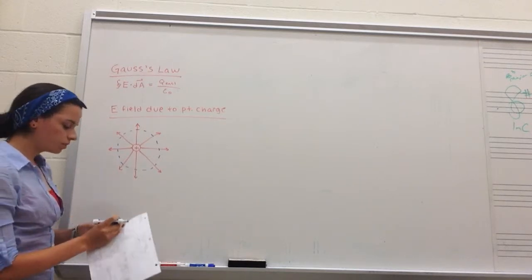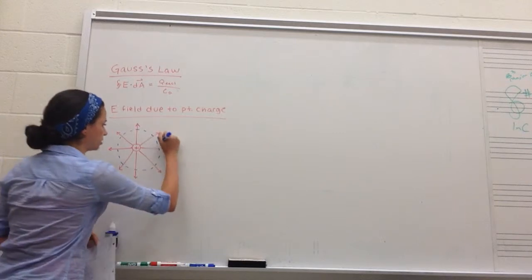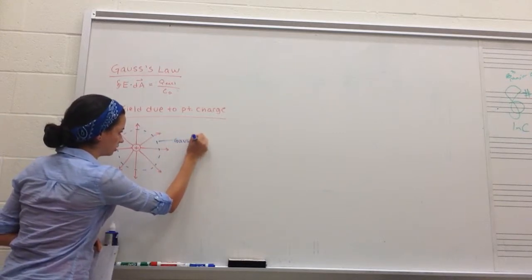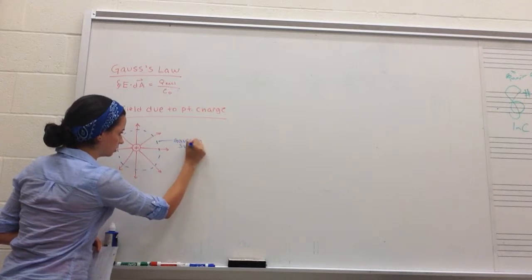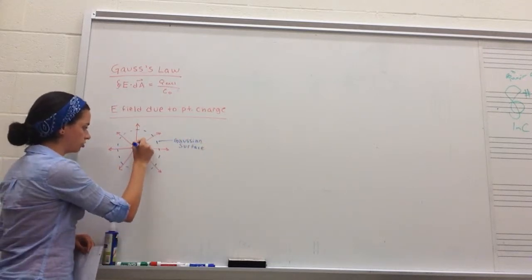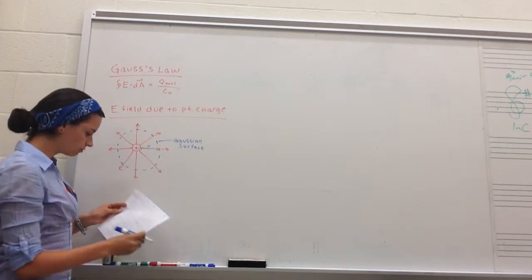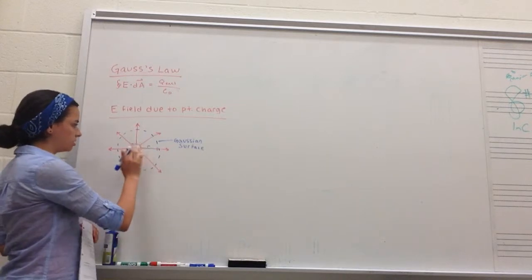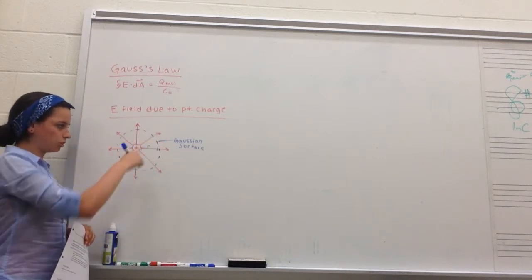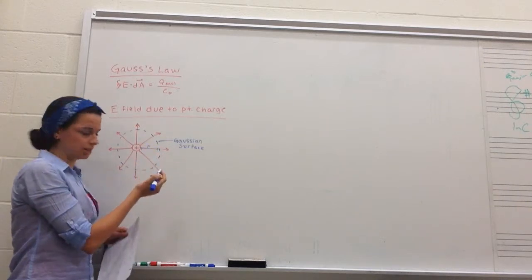Alright, so that blue surface is the Gaussian surface, and it is at a distance r from this point charge. Now, you see how each of these field lines is radiating away from that point charge? Well, the angle that they make with this Gaussian surface is called the dA vector.